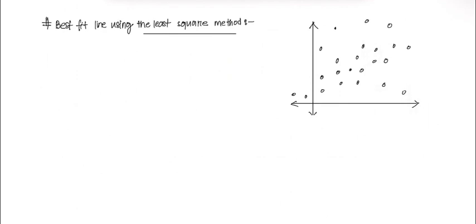Suppose we draw a best fit line that passes through the maximum of the data, and we draw it like this. Wait, I'm adding some more points so that the image will be clearer to you. Suppose a line passes through this. Okay, you can now see the maximum of the data passes through that line.